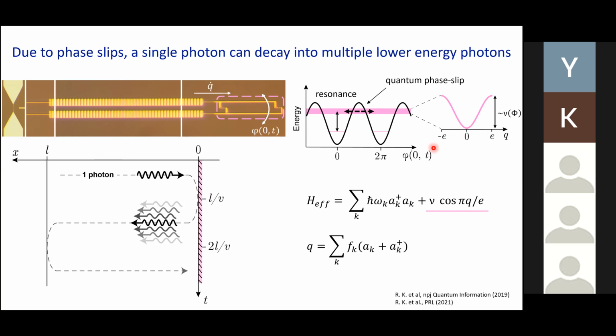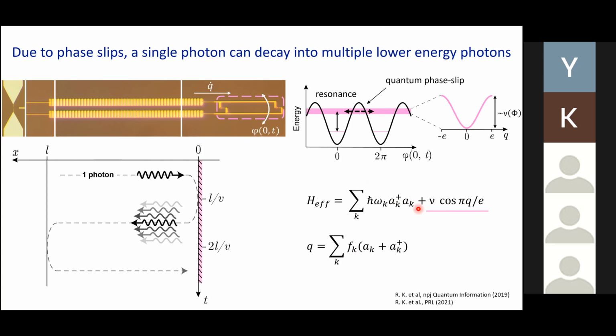But when we add this phase slip term, and here I show you the Hamiltonian in creation and annihilation operators just to get a better sense of it, when we add this cosine term, which is a dispersion of energy levels caused by the phase slips, you can see that this Q actually contains contributions from all modes inside the line.